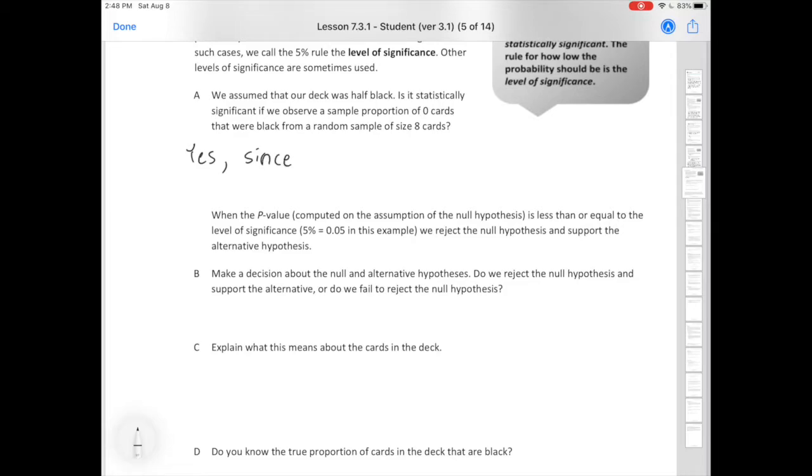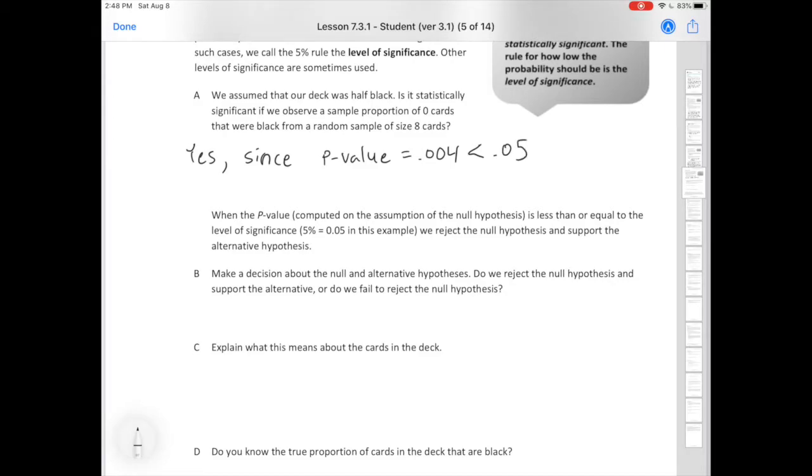since, remember, we got a p-value of 0.004, and that is less than 5%, isn't it?